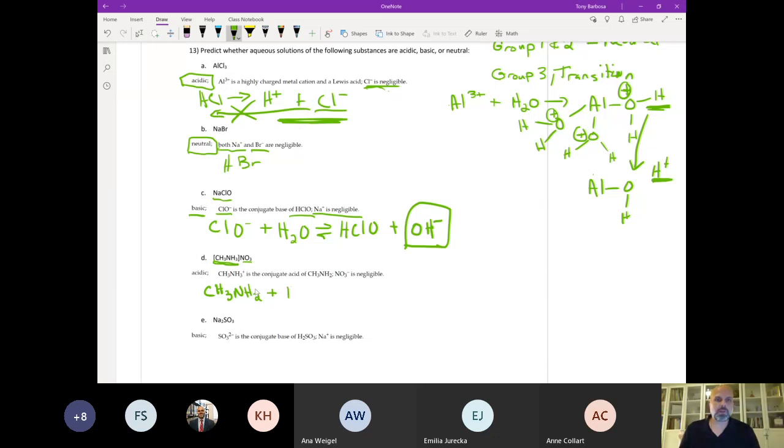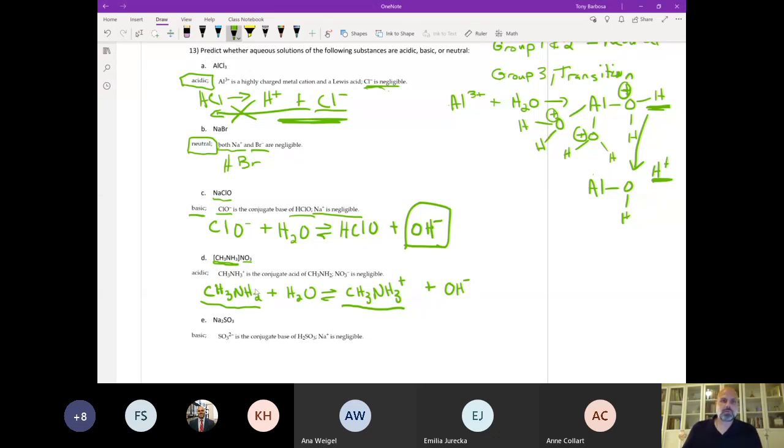That's the base that can react with water in an equilibrium fashion to give us CH3NH3 plus hydroxide ions. So you can see that CH3NH3 is the conjugate acid of the base CH3NH2.